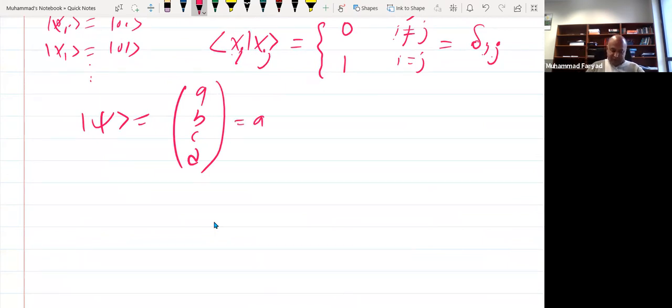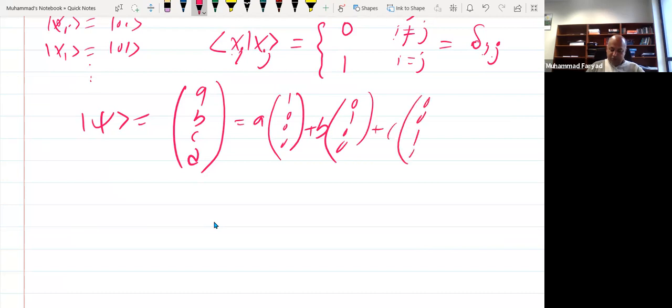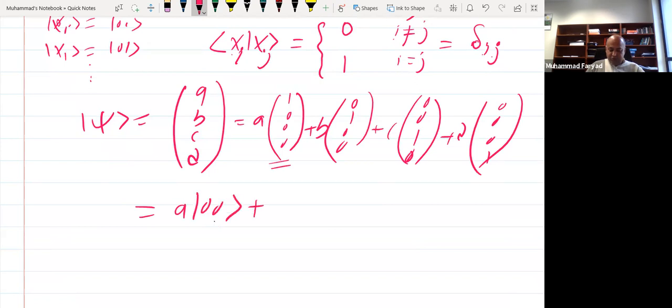And I can express this column vector as A (1, 0, 0, 0), B (0, 1, 0, 0), C (0, 0, 1, 0), plus D (0, 0, 0, 1). Now in operator form, this 1, 0, 0, 0 is |00>. This 0, 1, 0, 0 is |01>.